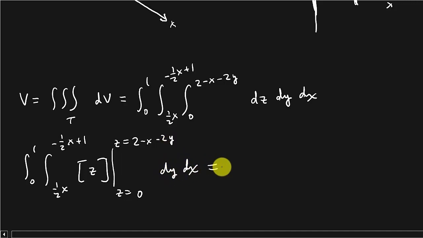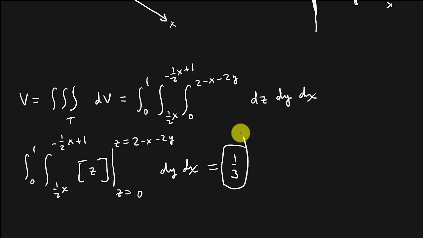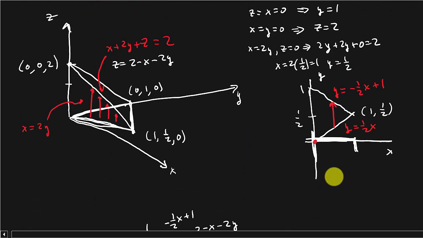After you do all your evaluating, you should get 1/3 as an answer. But the main thing on this problem that I wanted you to see is how to set it up, because that's the most difficult part.